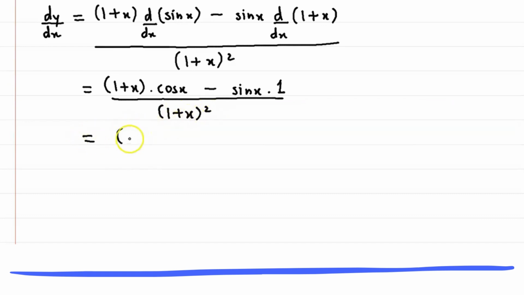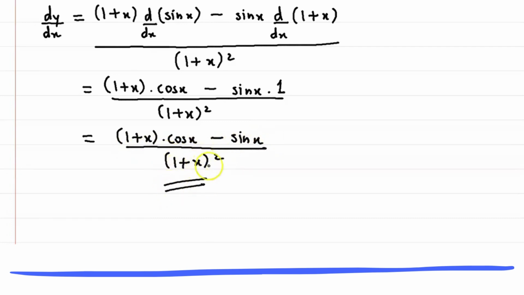So finally we have 1 plus x into cos x minus, now sin x into 1, so that is sin x, divided by 1 plus x the whole square. So this is the value for dy by dx.